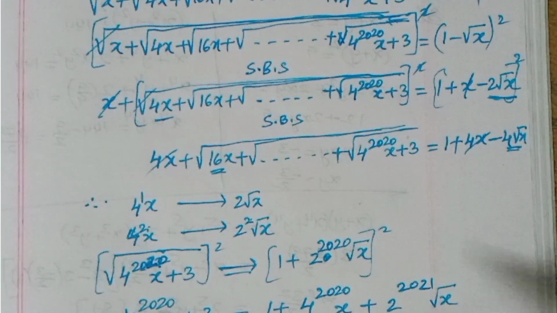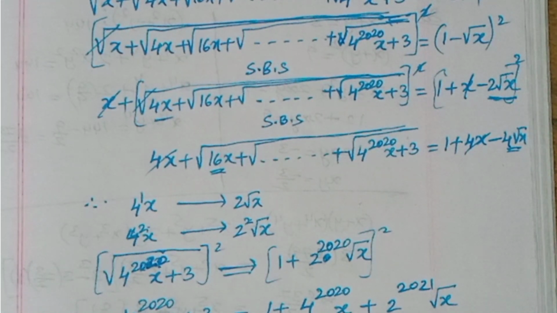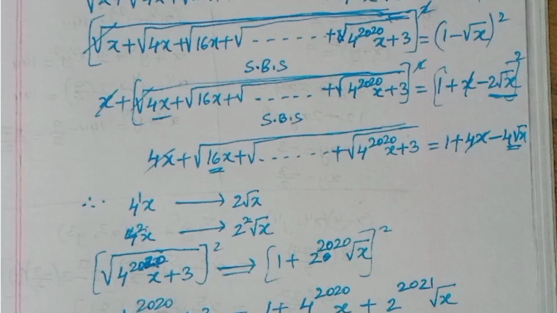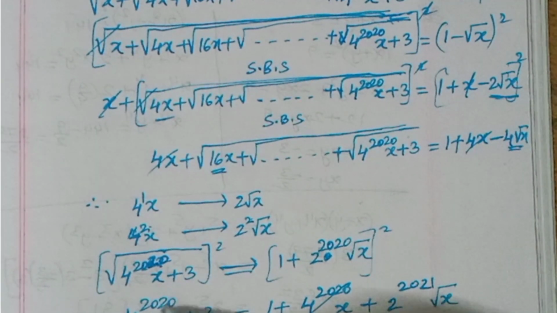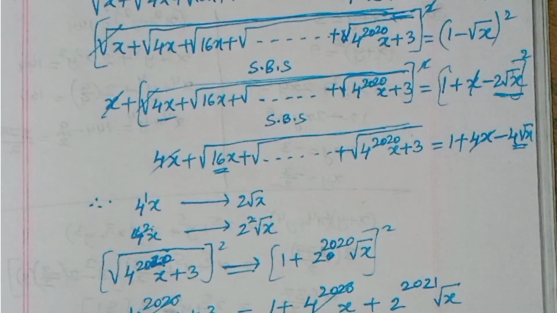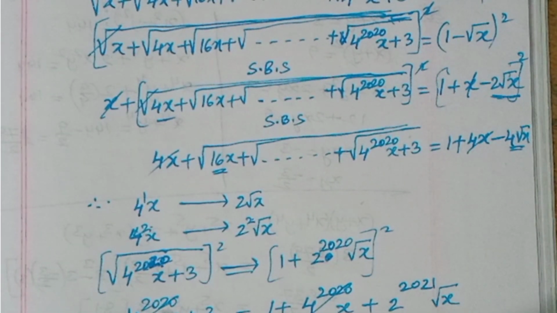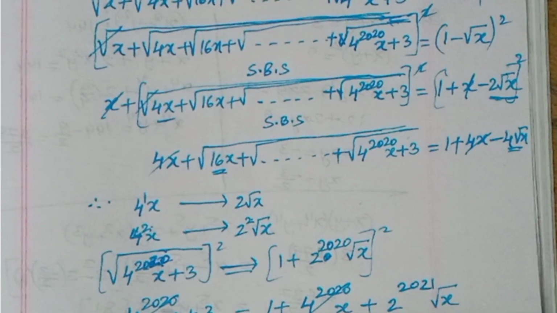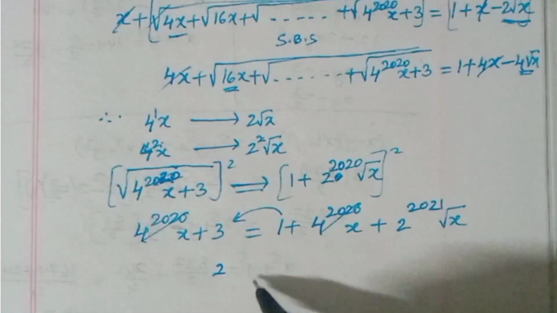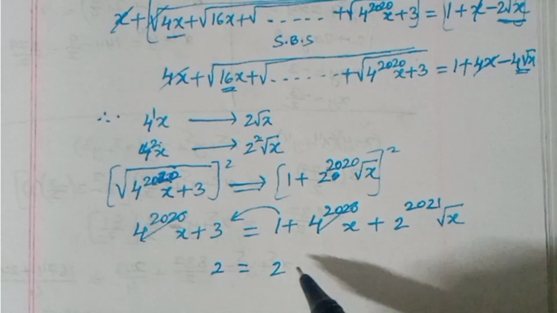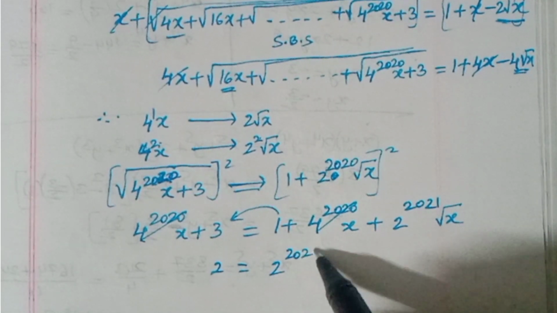So here this term will get cancelled. Now send 1 to this side: 2 is equal to 2 to the power of 2021 root x.